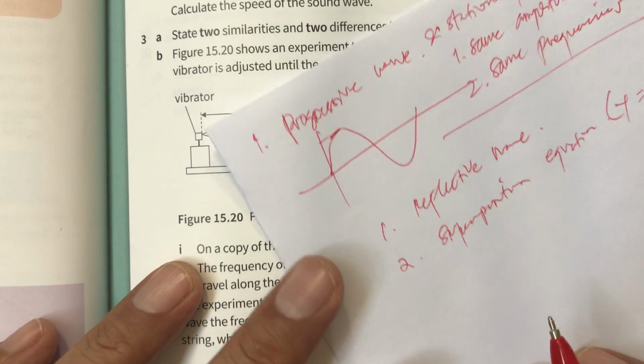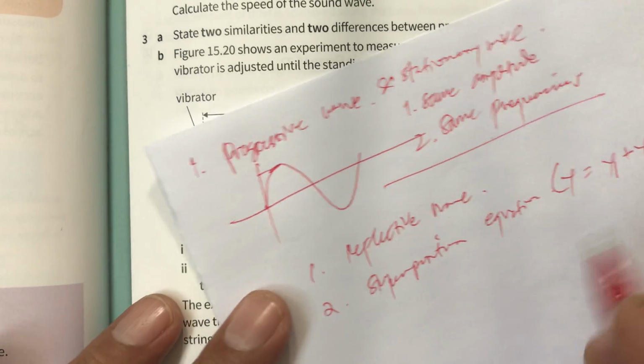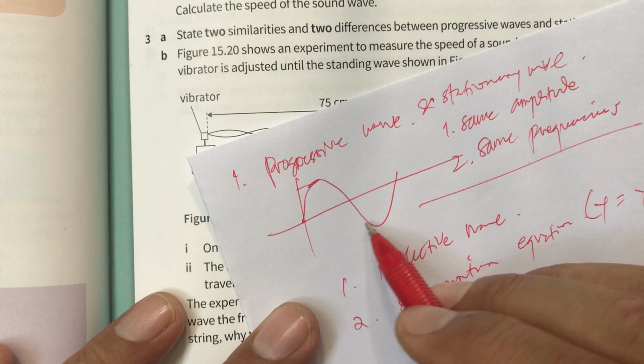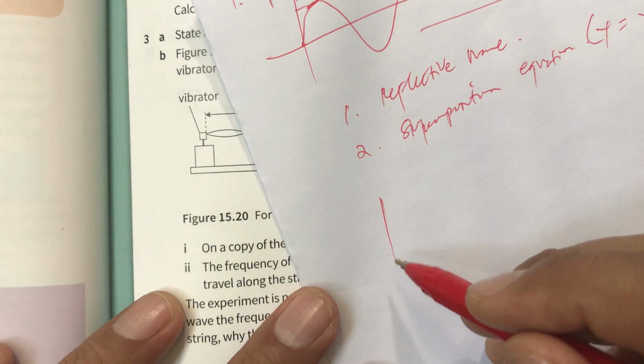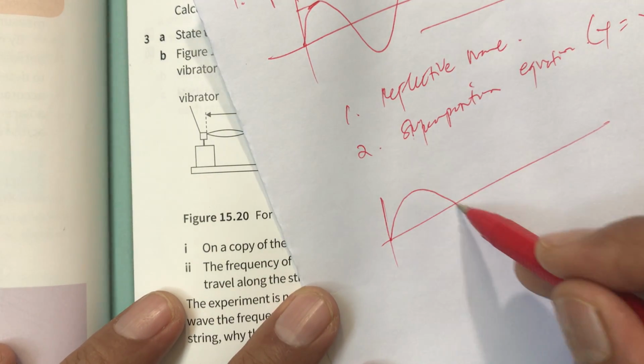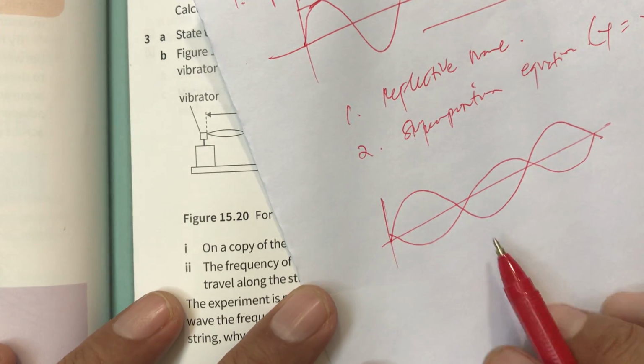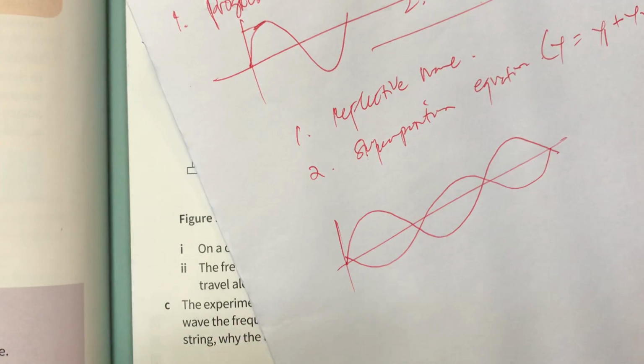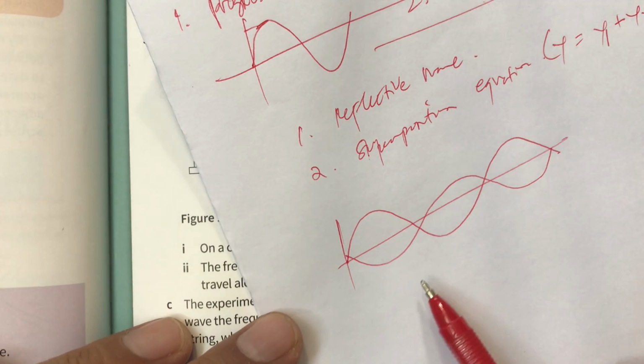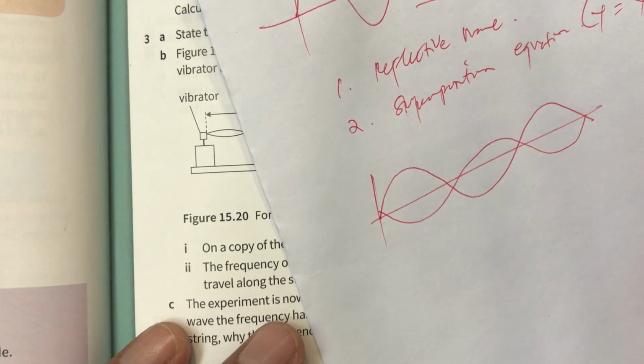For the progressive wave, there is only one wave, but in the superposition there is the progressive wave and then after that the reflected wave. Yes, these are the differences between a progressive and a stationary wave.